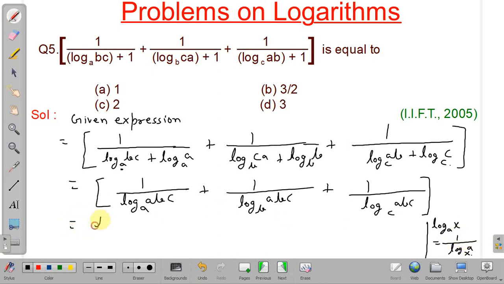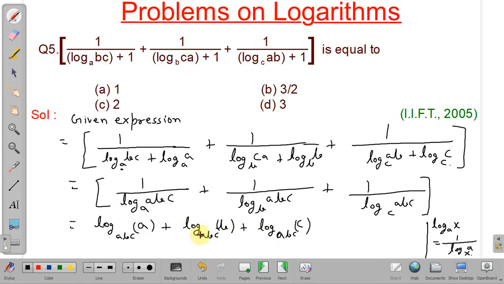So the first term can be written as log of A with base ABC. Similarly, the second term will be log of B with base ABC, and the third term will be log of C with base ABC.